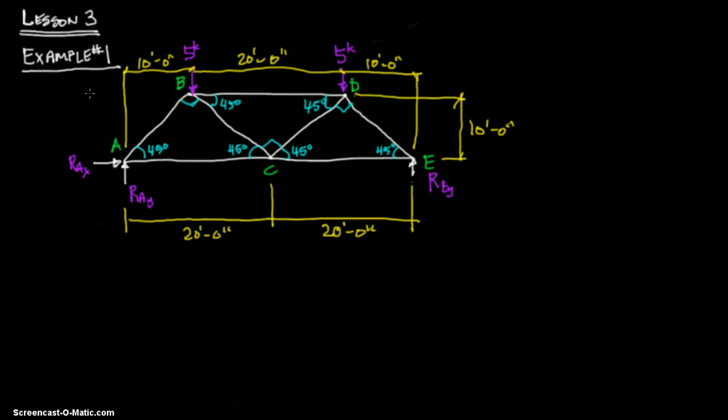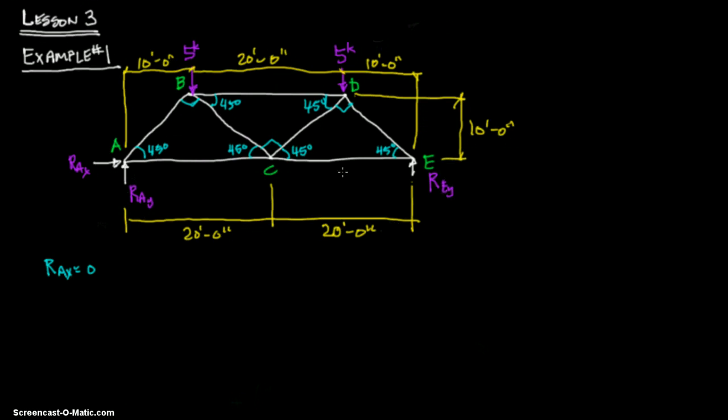Typically you will have an RAX as well, but as we see, there aren't any loads going in the horizontal direction, so RAX equals 0. Easy enough.